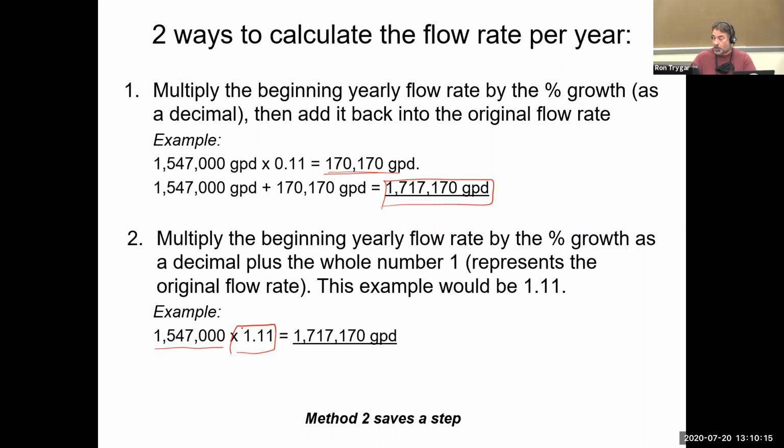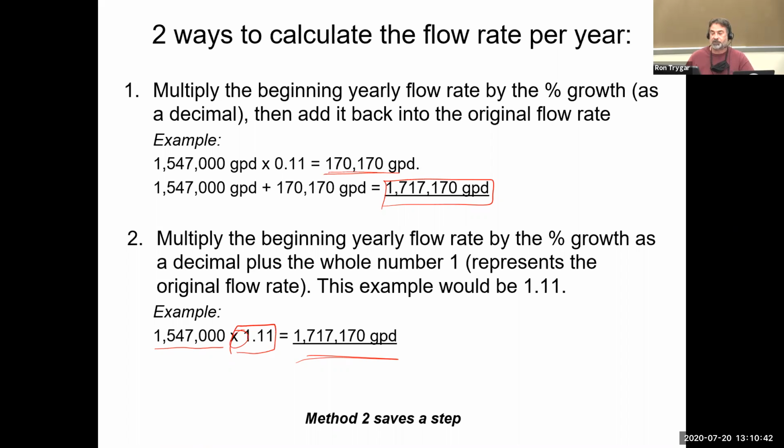The number 1 represents the whole number from the previous year, which is all of that flow. And then the 0.11 is the additional 11%, just multiplied directly in. So it kind of saves you a step, and you can see that we get the same answer. So method number 2 removes one step from the equation that you don't have to worry about.